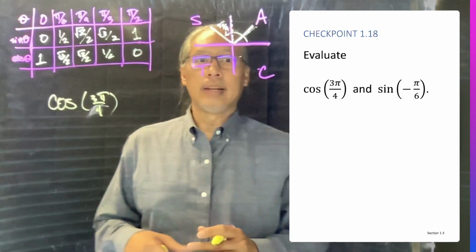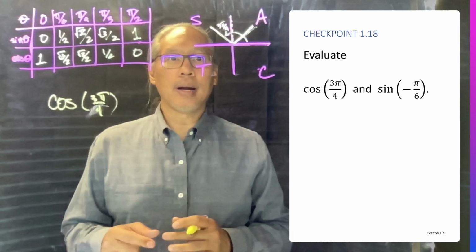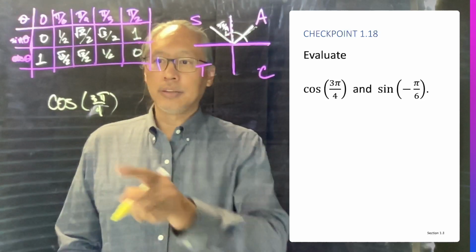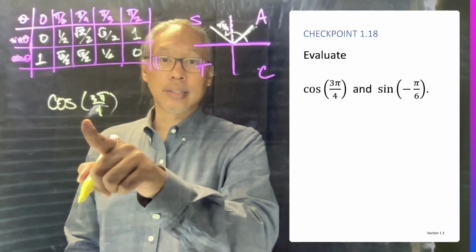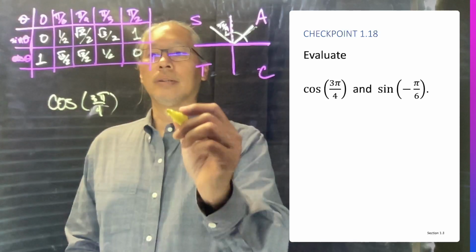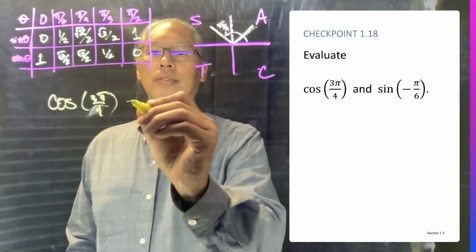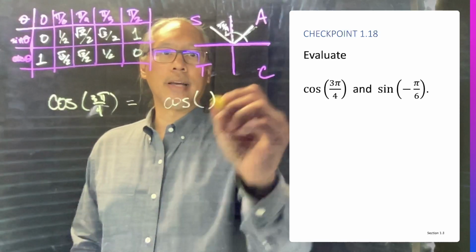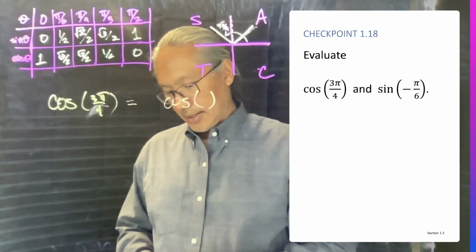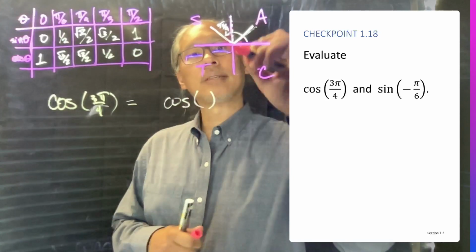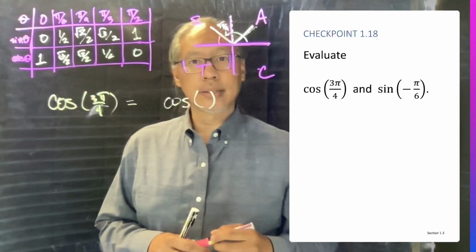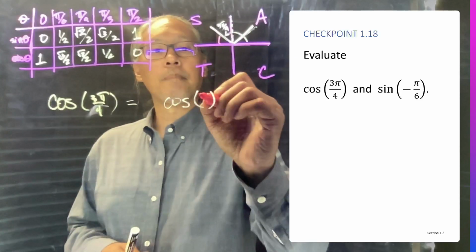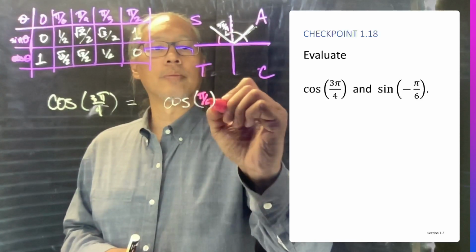Okay? Now, because 3 pi over 4 is in the third quadrant, we know that the sine is positive. We also know then that the cosine is negative. So cosine is negative. And so if we use the reference angle, and the reference angle for us is this angle that this thing makes with the positive x-axis. And if this is 3 pi over 4, that makes our reference angle pi over 4.